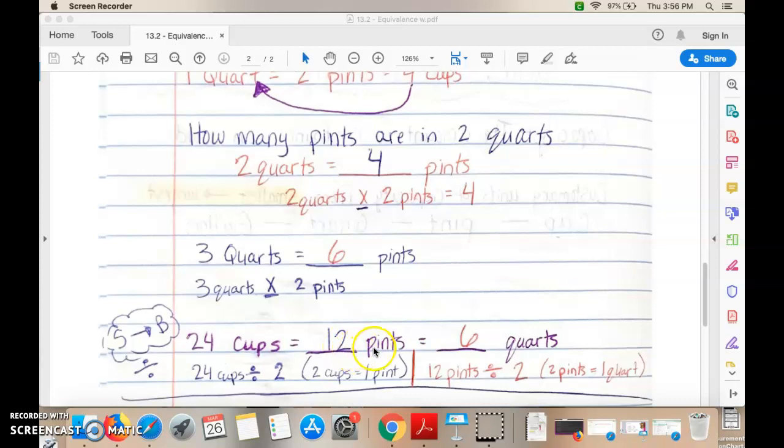Okay, but then I need to convert my 12 pints to quarts. Pints are smaller than quarts, so I'm dividing again. So 12 pints divided by 2, because there's 2 pints in every quart, and 12 divided by 2 would equal 6. So I have 24 cups equals 12 pints, which equals 6 quarts.